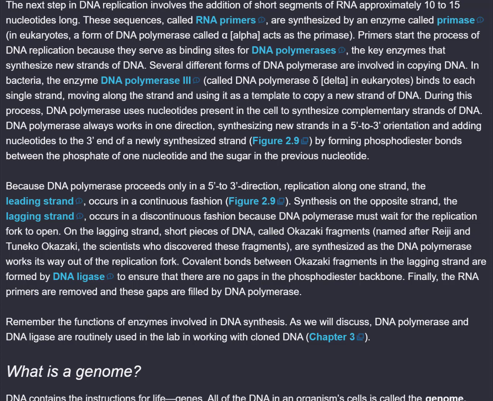During this process, DNA polymerase uses nucleotides present in the cell to synthesize complementary strands of DNA. DNA polymerase always works in one direction, synthesizing new strands in a 5' to 3' orientation and adding nucleotides to the 3' end of a newly synthesized strand, figure 2.9, by forming phosphodiester bonds between the phosphate of one nucleotide and the sugar in the previous nucleotide.